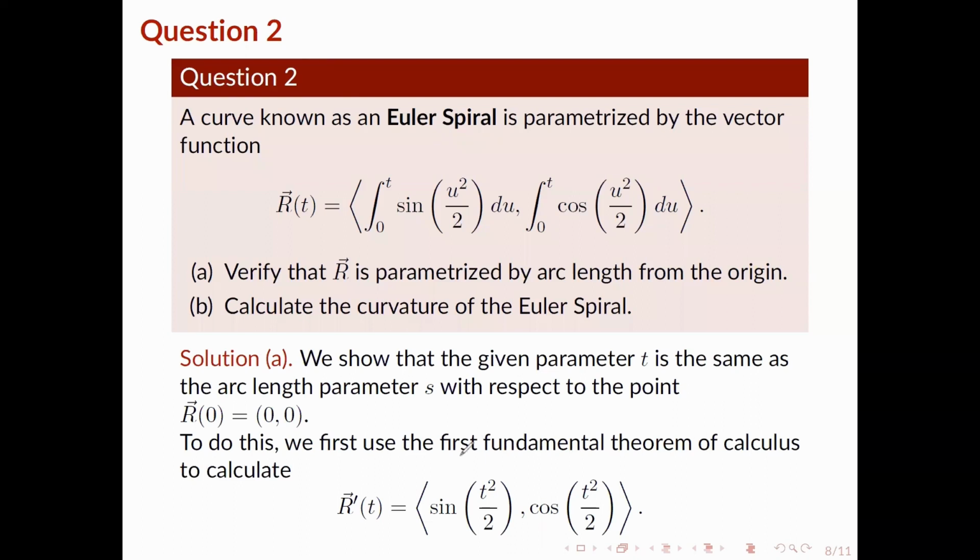This theorem says that d over dt of the integral from a to t of f of u du is just equal to f of t, where a can be any number. You can reflect on this for a while and see how it applies in this situation. If you apply it, you get that r prime of t is equal to this.